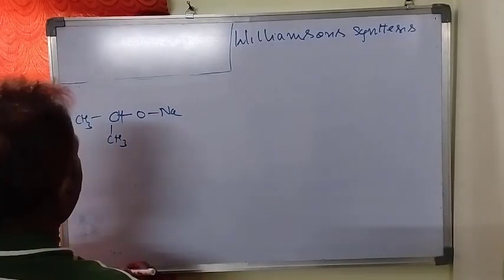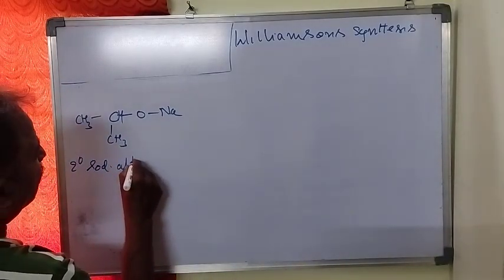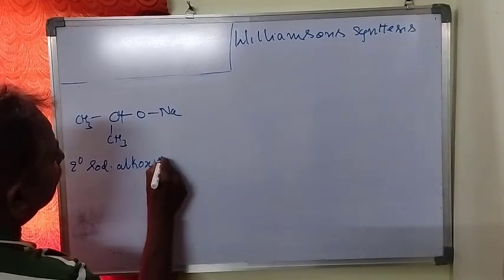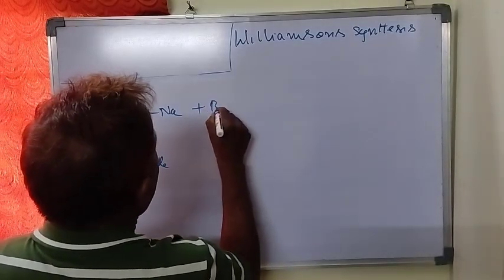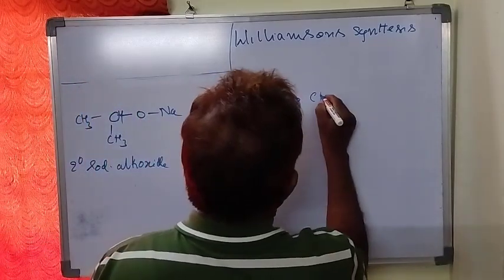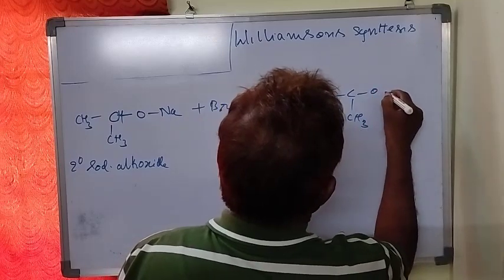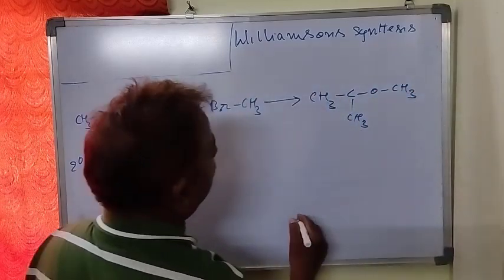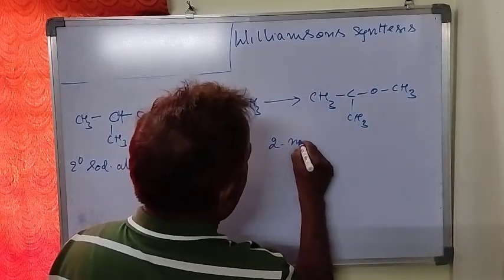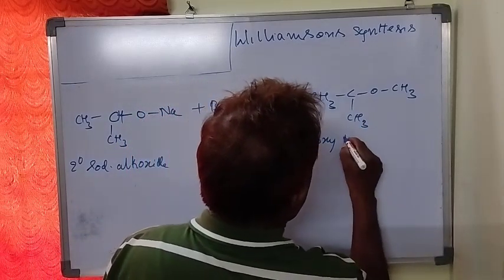So this is a secondary sodium alkoxide, plus CH3Br, therefore we get CH3CH(CH3)OCH3. So what is the name of this substance? 2-methoxypropane.